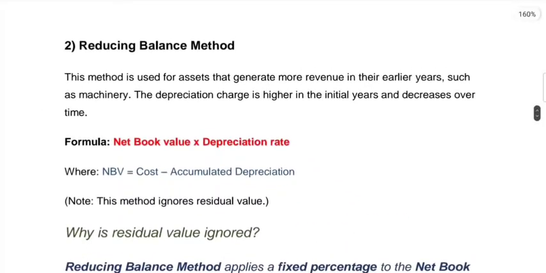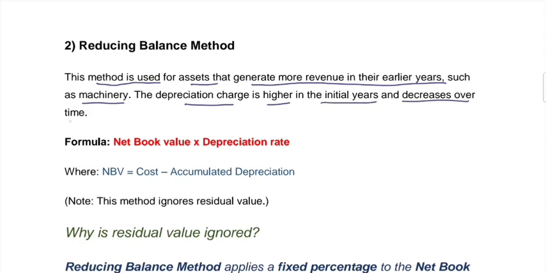The reducing balance method is simply the method that is used for assets that generate more revenue in the early years, such as machinery. The depreciation charge is higher in the initial years and decreases over the passage of time. As we have already discussed, depreciation is a method to match the revenue that the asset generates with the expense of utilizing the asset, which is wear and tear.